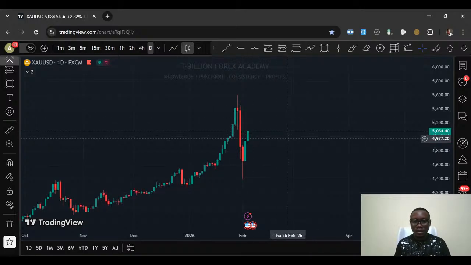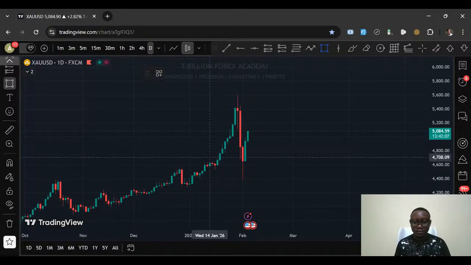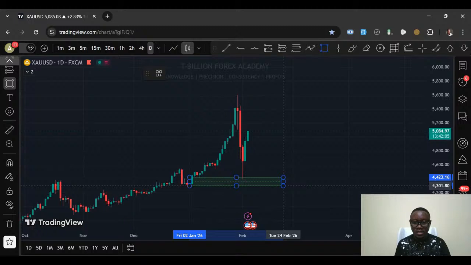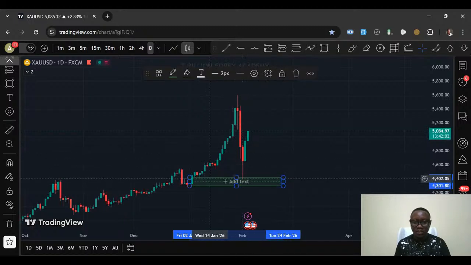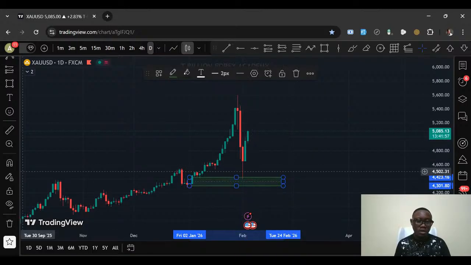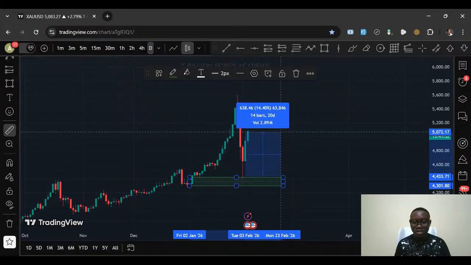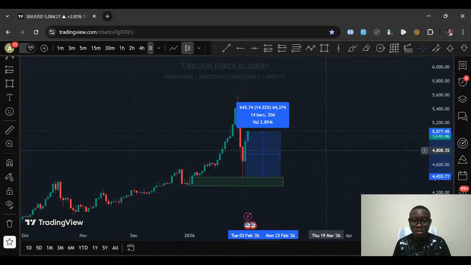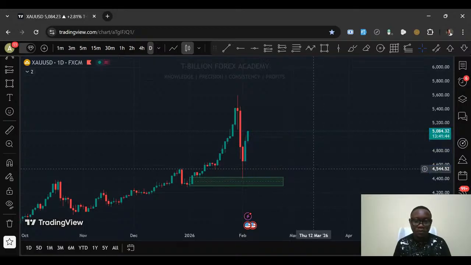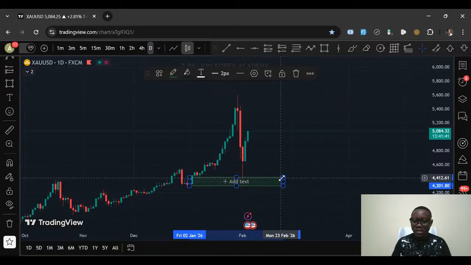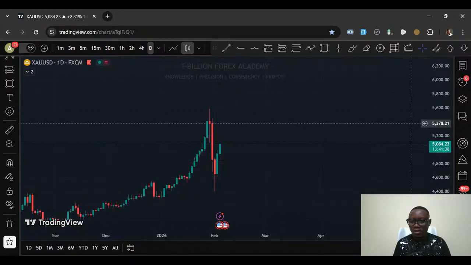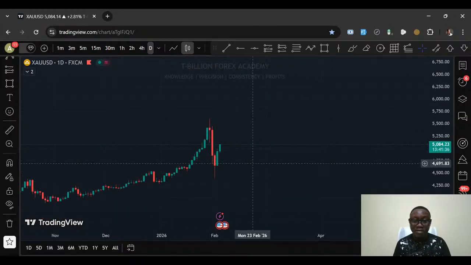Here is another block zone which price has already mitigated, and you can see it has delivered this much on the bullish move. From here to where price is currently, we had about 6,430 pips, which is 6,437 points. Let me take this off and look at what the market is doing right now.